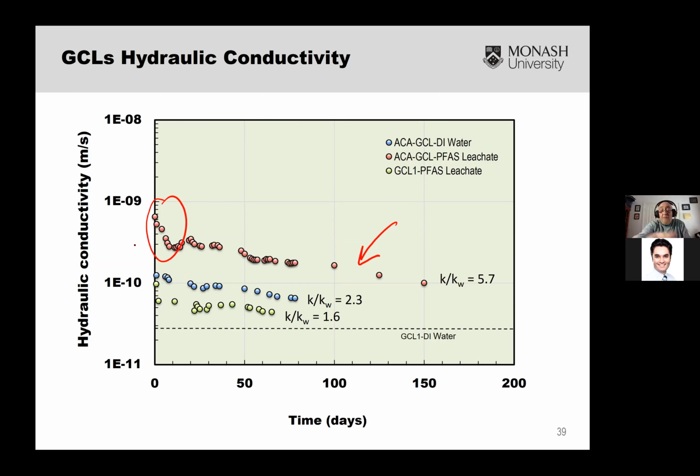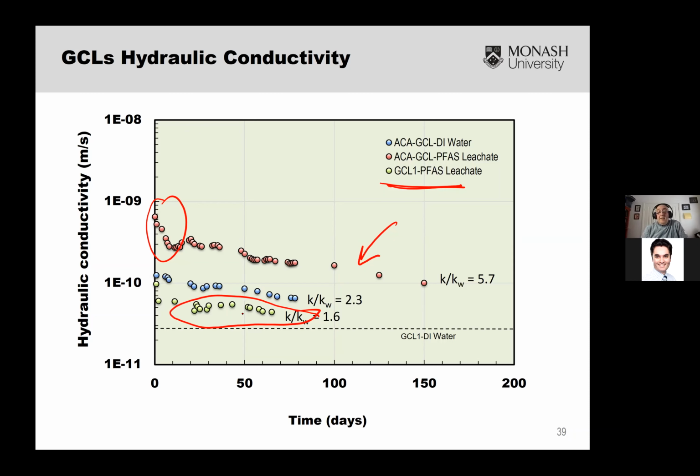This is the first exposure type of condition, and then it started to change with time. These tests have been going on for more than a year, a year and a half at least, but we are presenting here only a very short snapshot of the results. If you look at the non-modified GCL, it sits here.